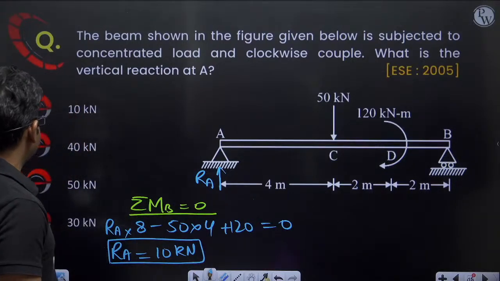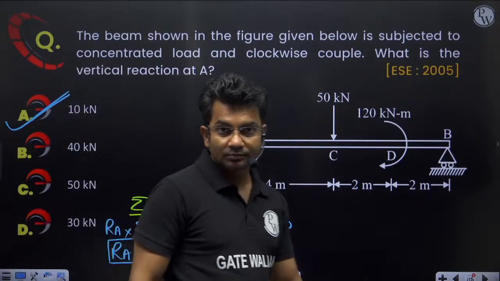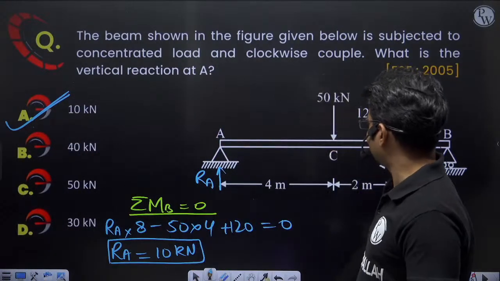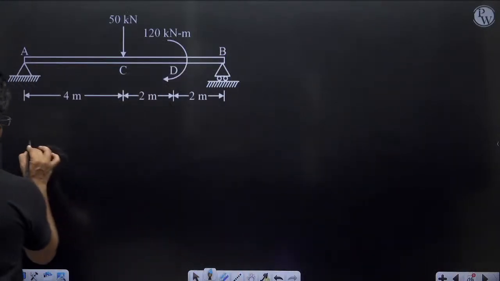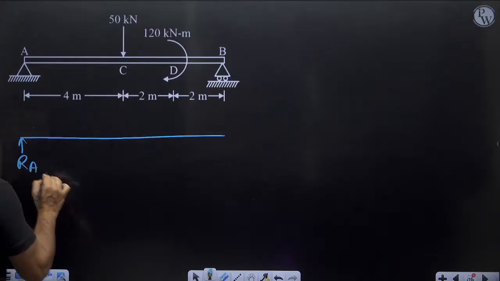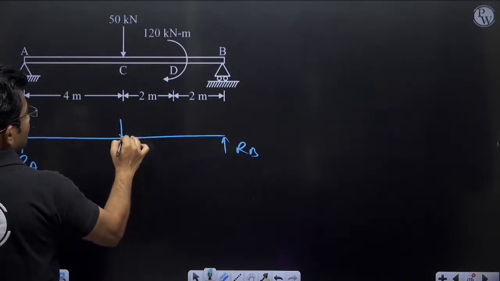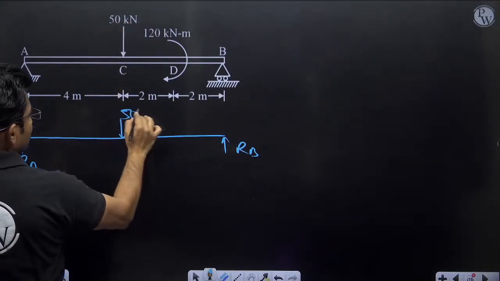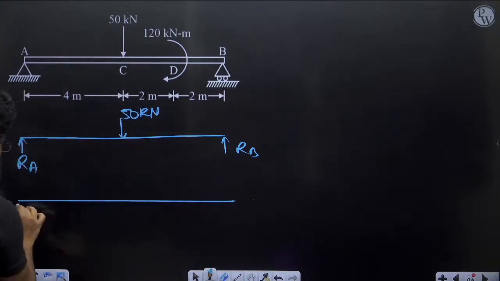So this is one method. Another method: I can calculate separately for both loads. I can draw the beam like this. This is RA, this is RB. First I'll write 50 kilonewton, separately for this and separately for the couple.